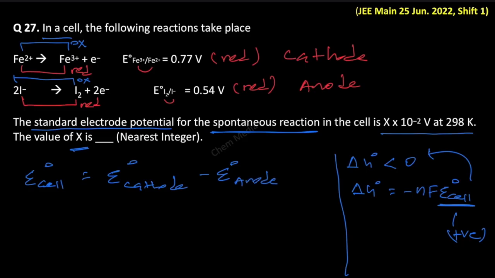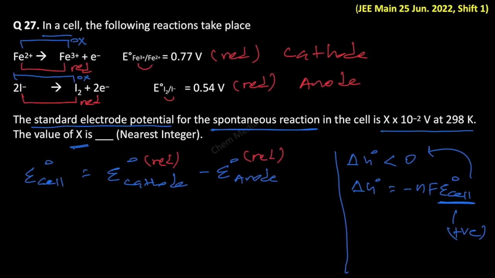Both are reduction potentials. Sometimes people use this equation also, where E cell standard is equal to E standard of the anode oxidation plus E standard of the cathode reduction.